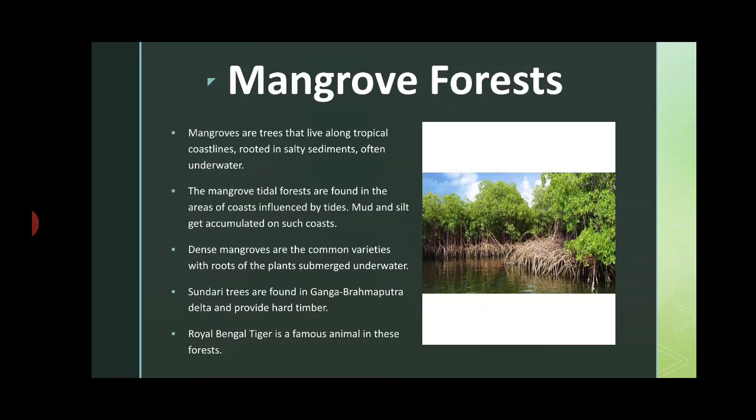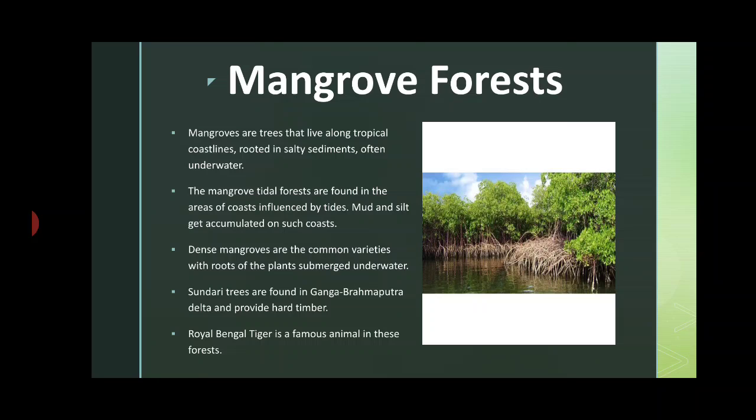Now mangrove forest. The mangrove tidal forests are found in the areas of coast influenced by tides. Mud and silt get accumulated on such coasts. Dense mangroves are the common varieties, with roots of the plants submerged under water.